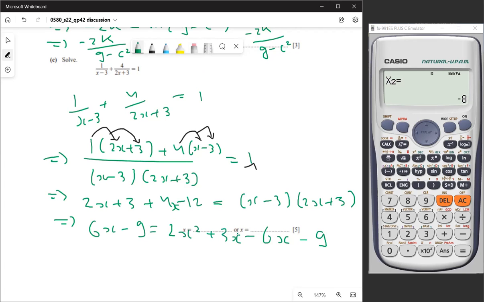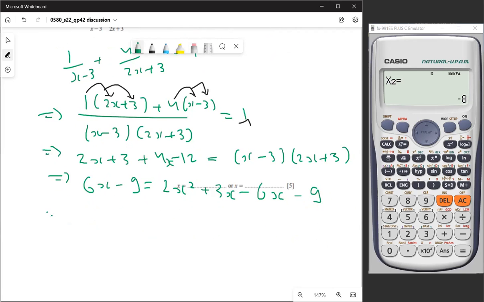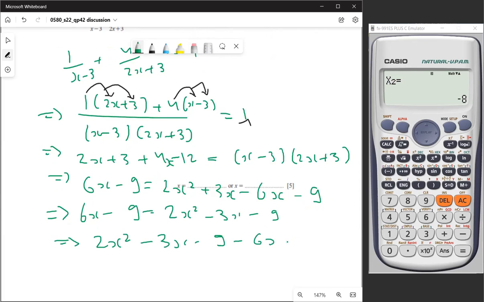Right. Now next step. Simplify. 6x minus 9 is equal to 2x squared minus 3x minus 9. So now we can just take all of it to the other side. 2x squared minus 3x minus 9 minus 6x plus 9 is equal to 0. So 2x squared minus 9x is equal to 0.